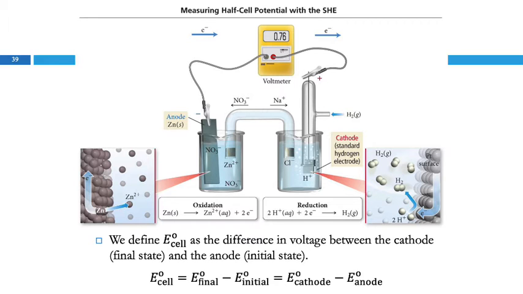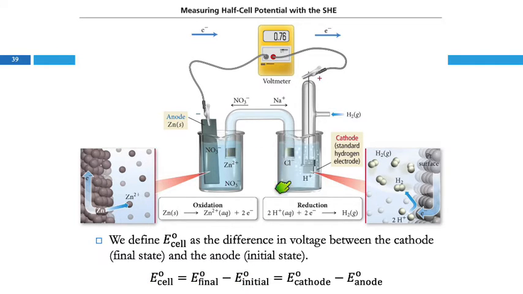So the standard cell potential is the difference in voltage between the cathode, the final state, and the anode, the initial state. Anode on the left, cathode on the right. So it's the final minus the initial.